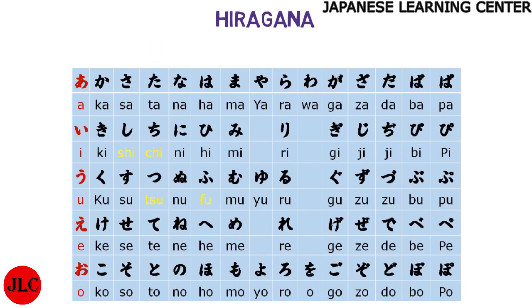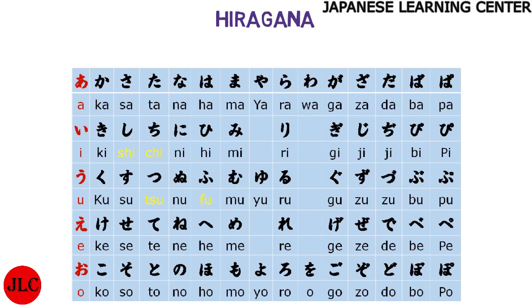Then the na series: na, ni, nu, ne, no. The ha series is ha, hi, fu. It's not hu, it is fu, F for fly. He, ho. The ha series is ha, hi, fu, he, ho.